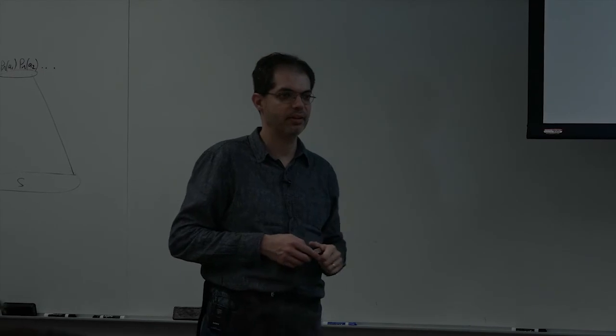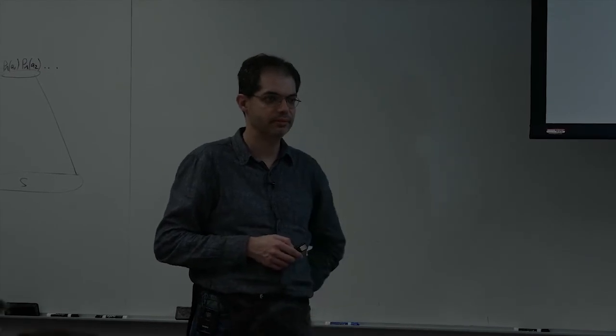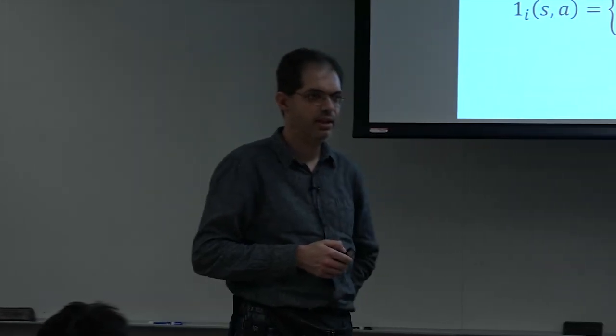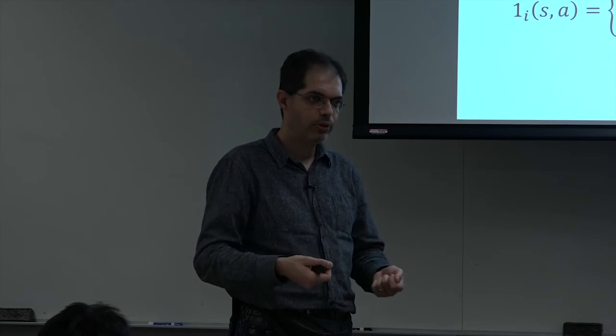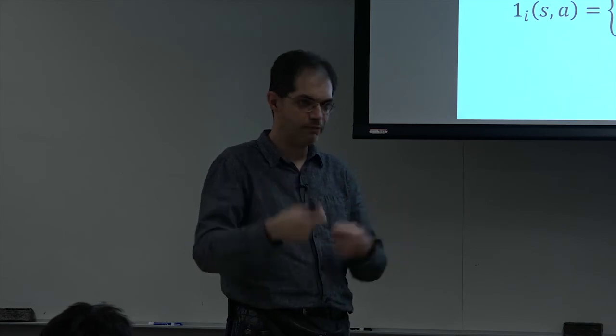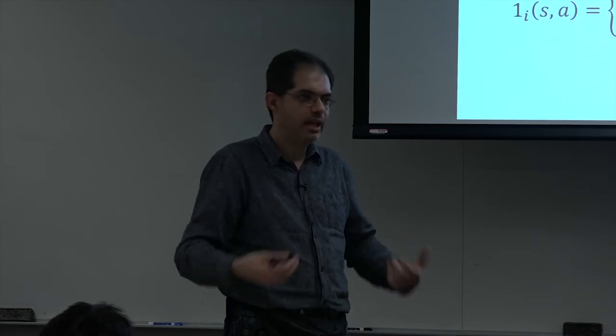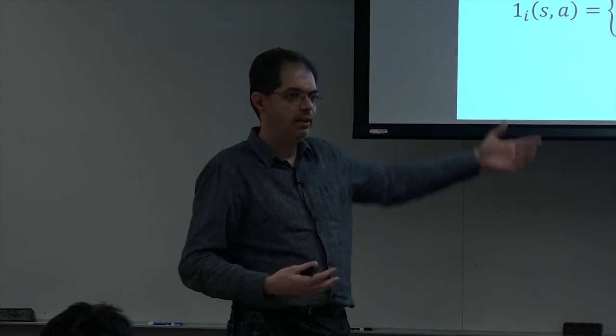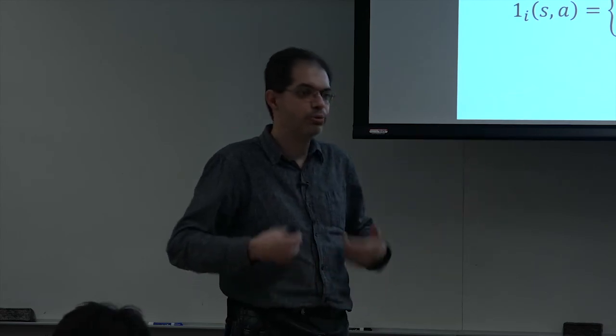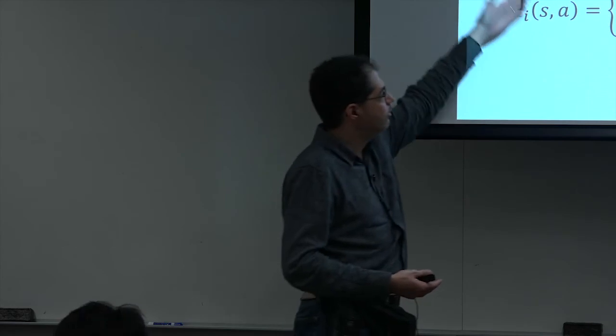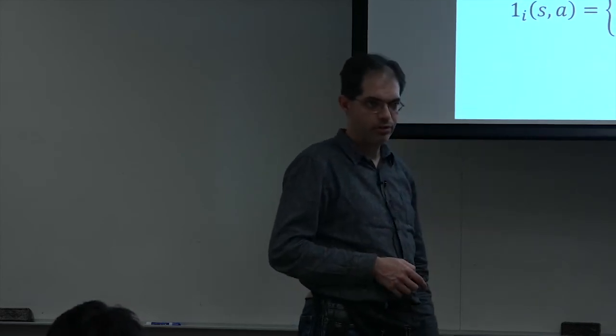Yeah? Do these two networks learn simultaneously? Yes, so they were both learned by self-play, and then after that they were combined to obtain an improved policy by doing these types of simulations.